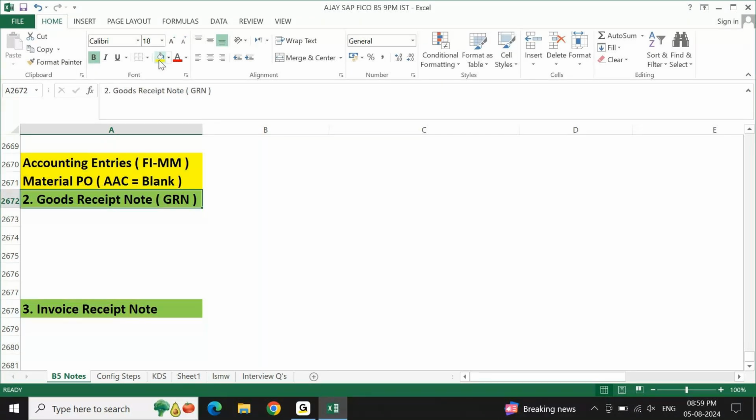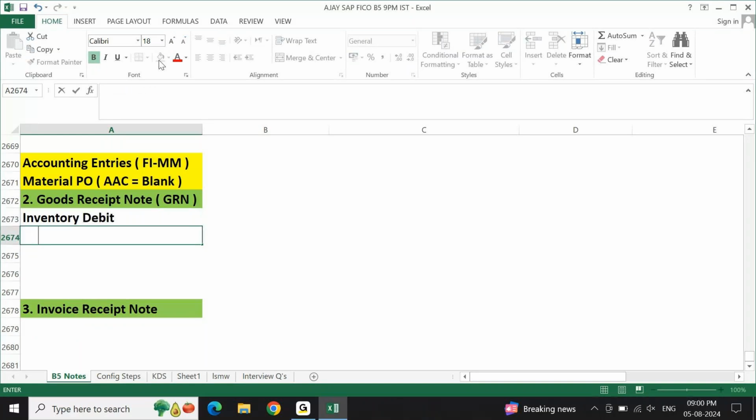Now, your accounting entry will be inventory account debit, GRIR clearing account credit. This is the accounting entry in case you purchase any material.